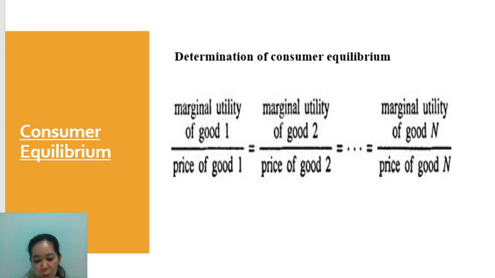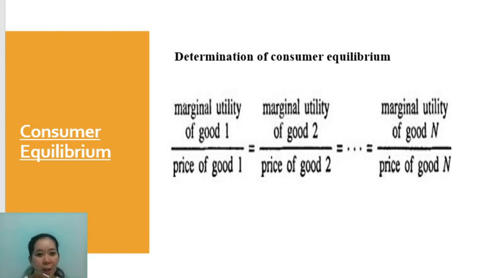This consumer knows that the prices of goods 1 and 2 are also fixed. In our example, we will use this formula for the determination of consumer equilibrium.